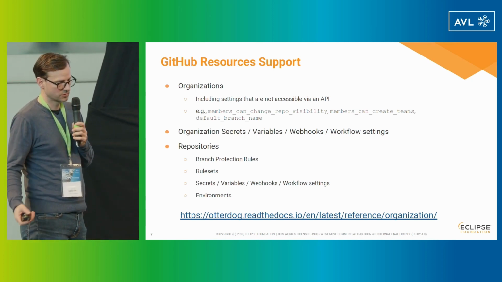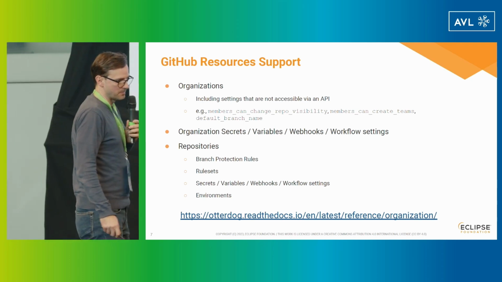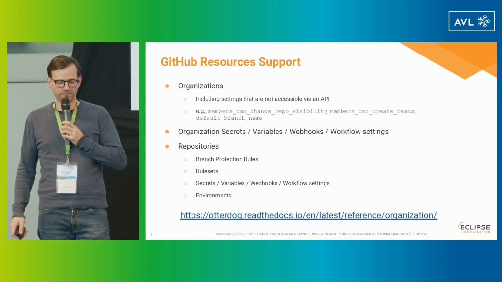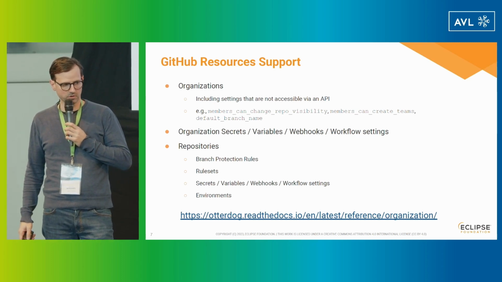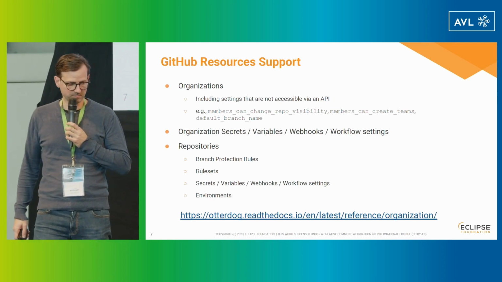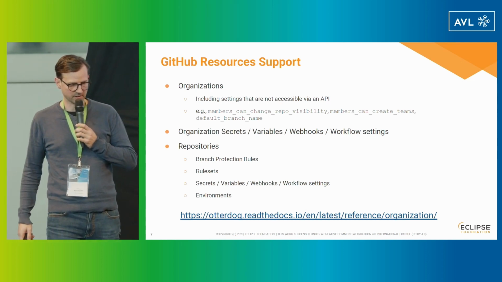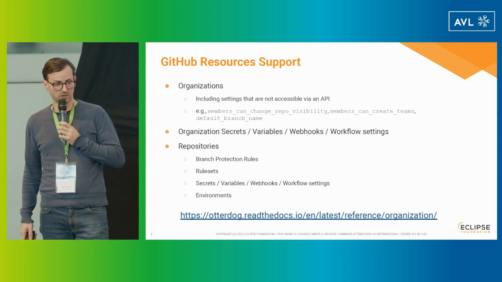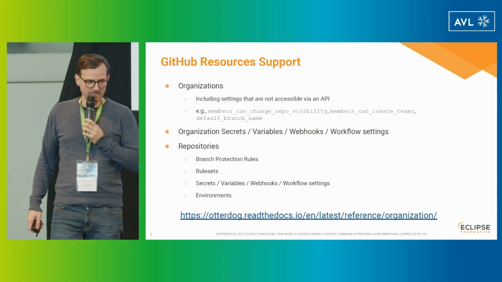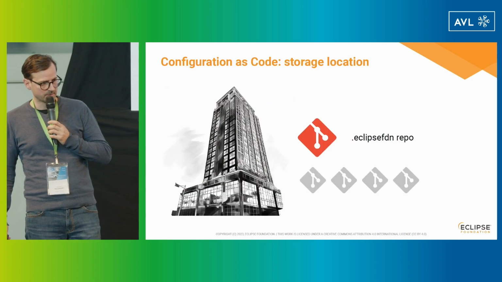There are more to come, of course, but right now I think it's already working well for most of the projects that we support. You can also go to the documentation, which is always up to date via this link, to see what resources are currently supported and how to actually configure them. The documentation is quite clear about that.